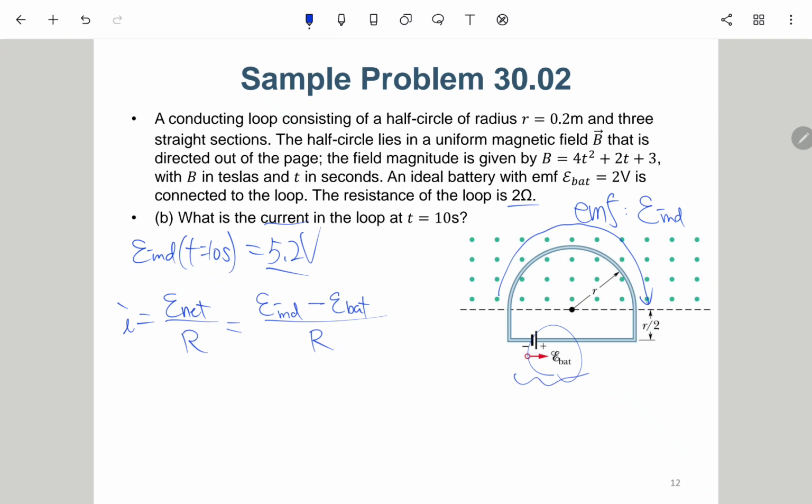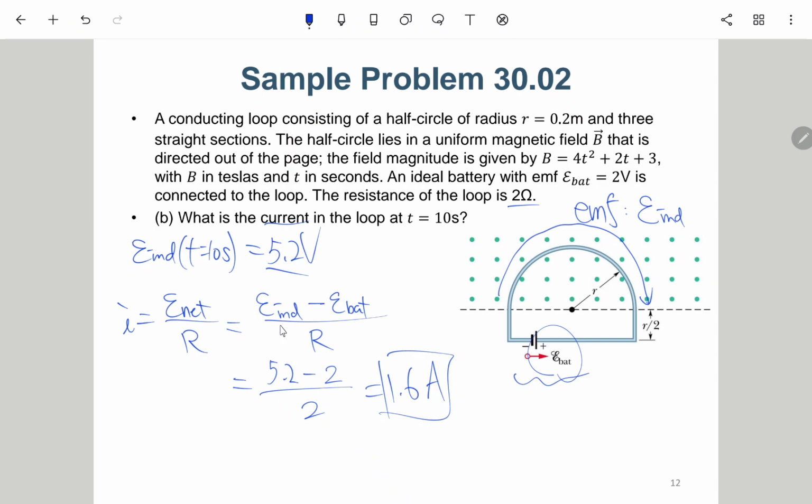The battery is like a potential difference, and this EMF can be subtracted from the E battery. So we substitute the numbers: 5.2 minus 2, over 2. So this is 1.6 ampere.